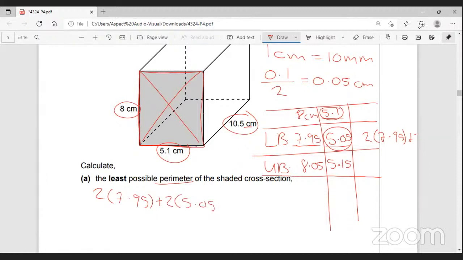Please look out for that. I'm just going to multiply the upper bound. So that one is the minimum, but if you use the upper bounds, all of them, you multiply this by 2, this by 2, definitely it will give you something which is more. So this is actually it.